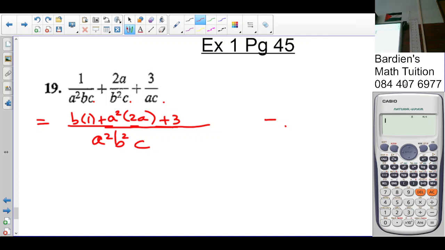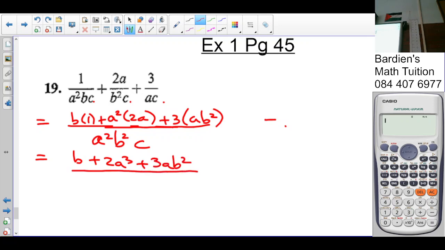Okay. So, what must this be multiplied by? A B squared. So what do we get? B plus 2A cubed plus 3AB squared over A squared B squared C.